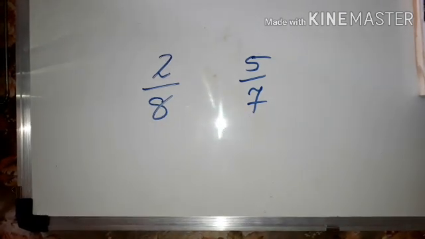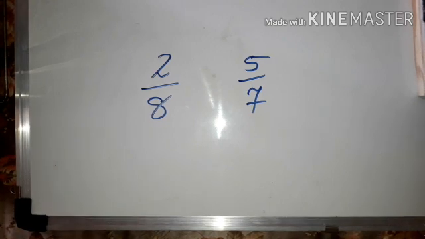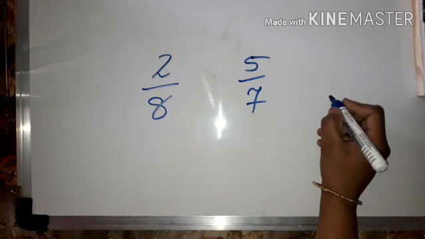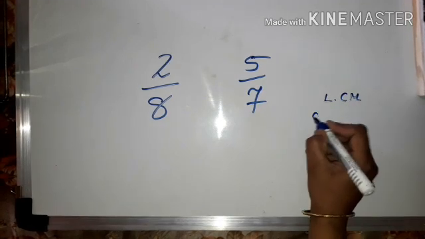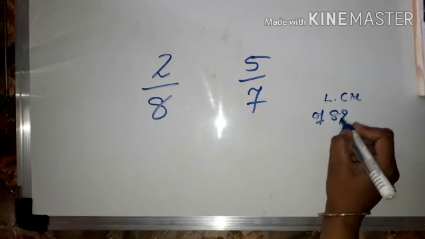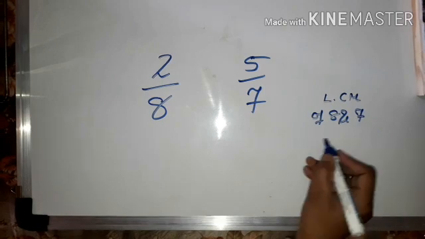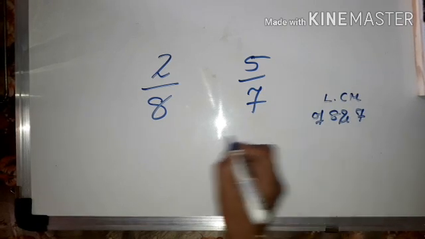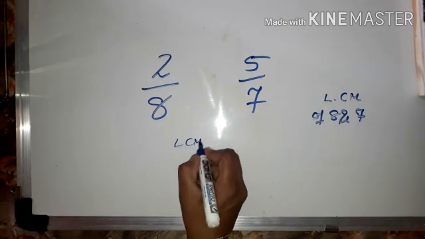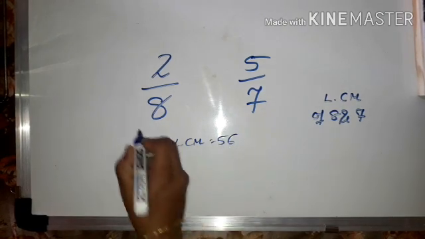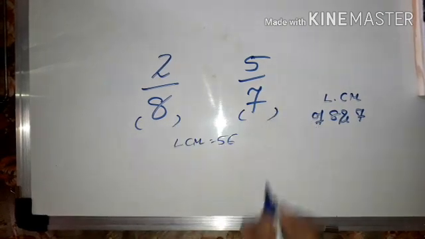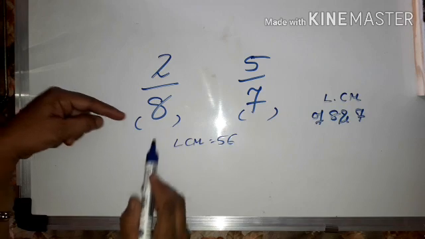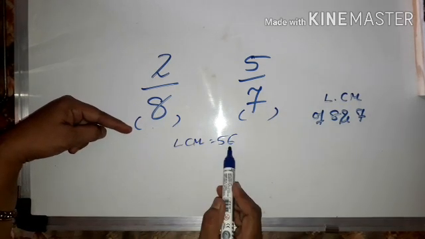In this case you will find out the LCM of the numbers given in the denominator, that is LCM of 8 and 7. So it is 56. So write here LCM to be 56.